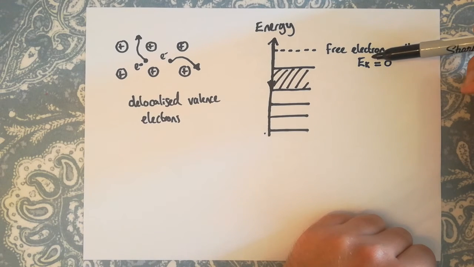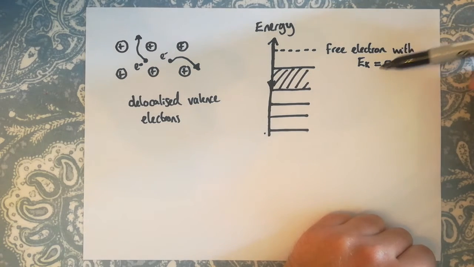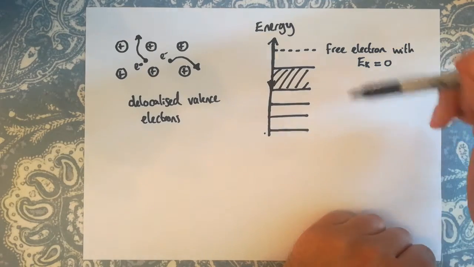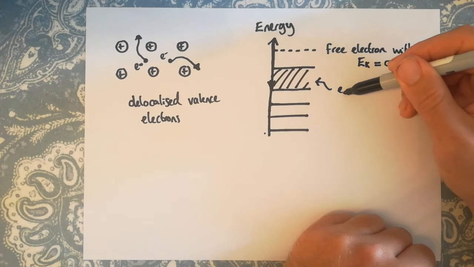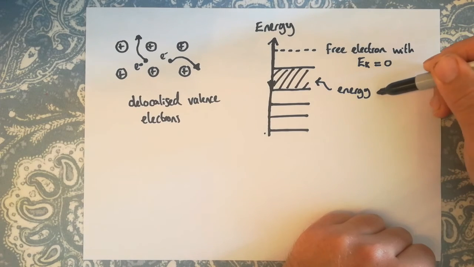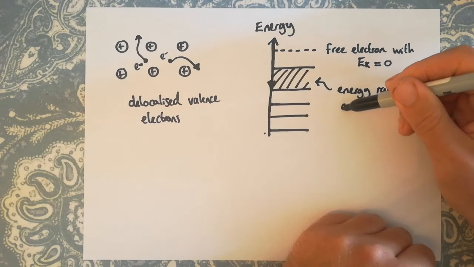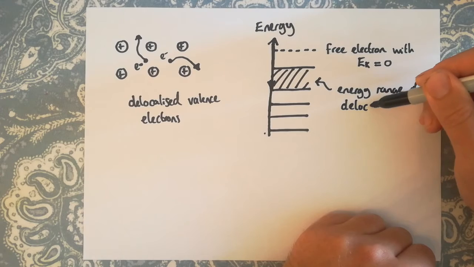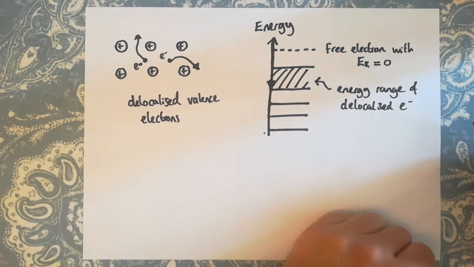So this is an electron that has escaped from the structure of the metal, but it's got no kinetic energy. Let's label that. This is the energy range of delocalized electrons.